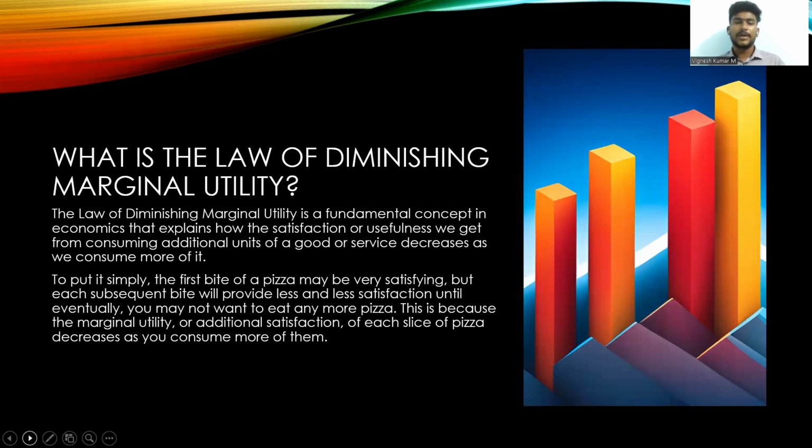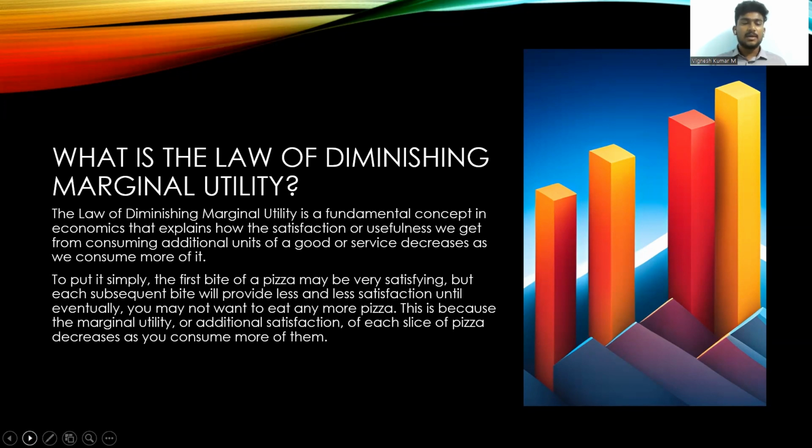The law of diminishing marginal utility is a fundamental concept in economics that explains how the satisfaction or usefulness we get from consuming additional units of a good or service decreases as we consume more of it.